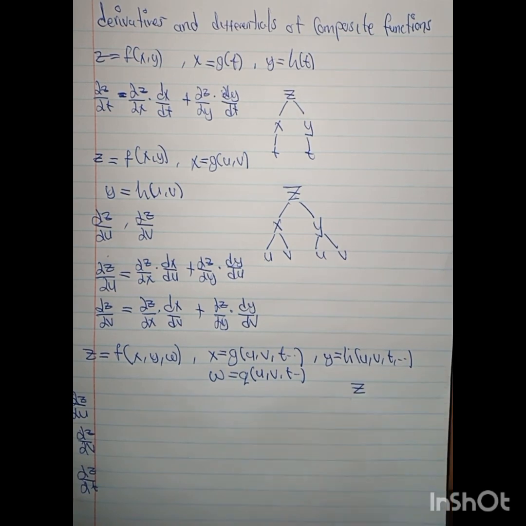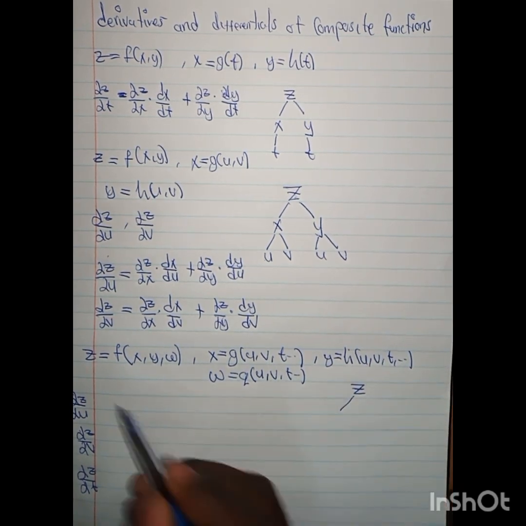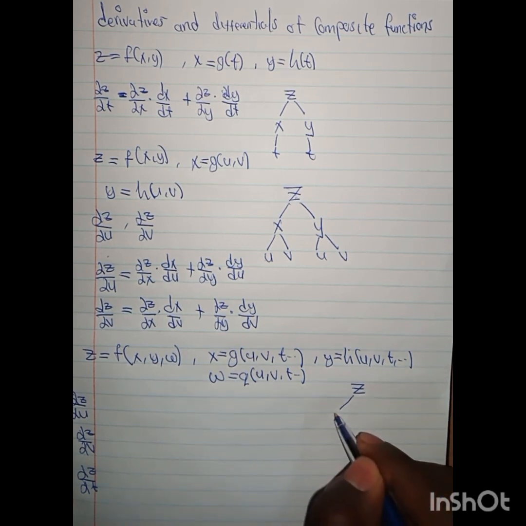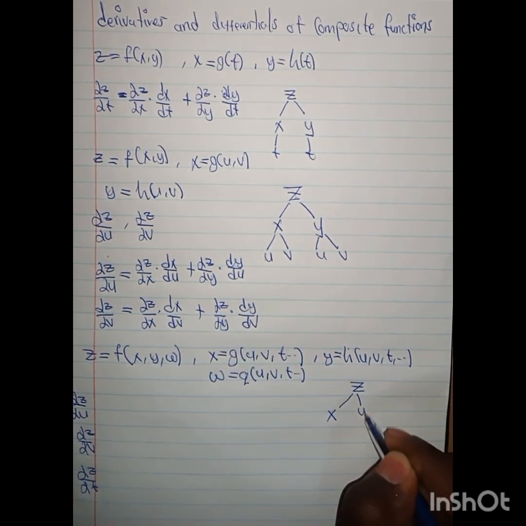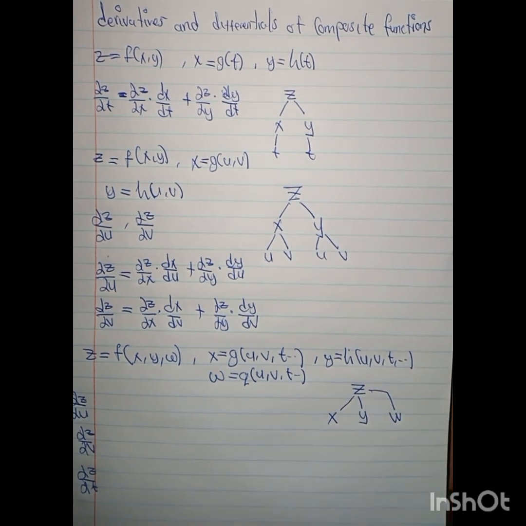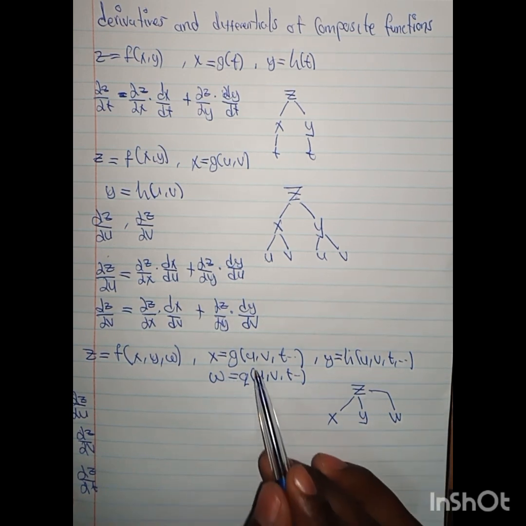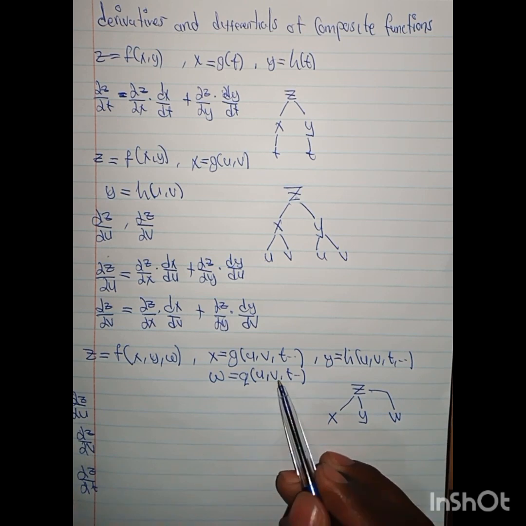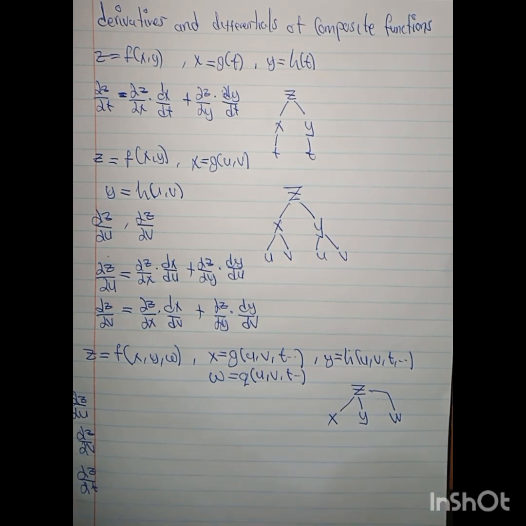This is z as the main function, and z depends on x, y, and w. It means this is x, this is y, and this is w. The subfunctions x, y, and w all depend on u, v, and t.